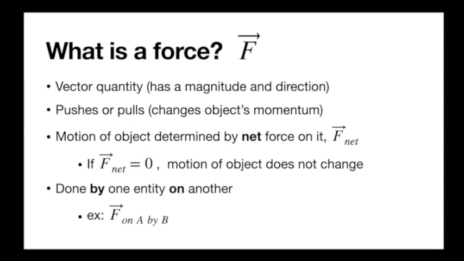The motion of an object is determined by the net force on it, meaning the change in motion of an object. So if I have a bunch of forces acting on an object, its motion is going to be determined by the net. If all those forces cancel out, then the motion of the object is not going to change. If F net equals 0, the motion of the object doesn't change.